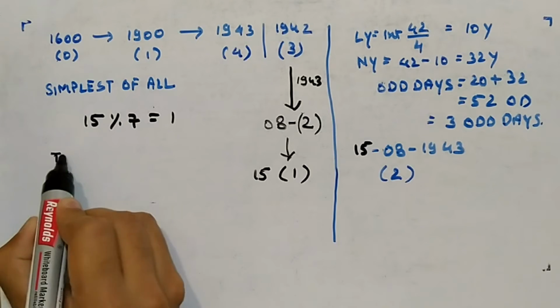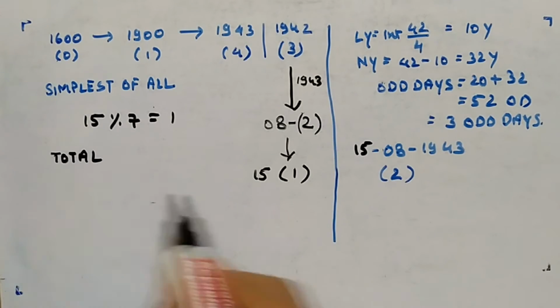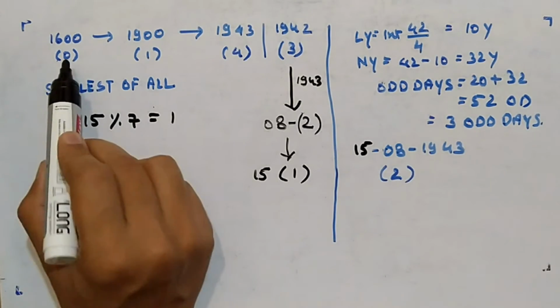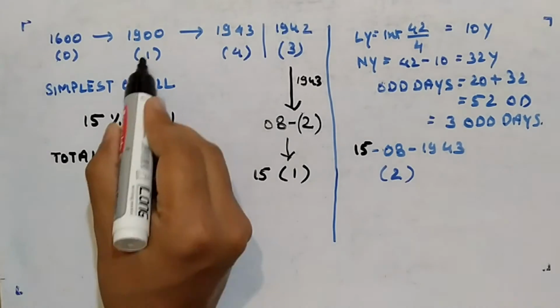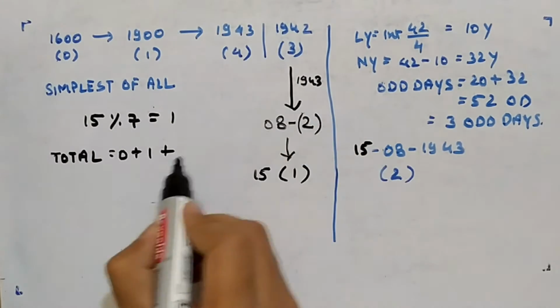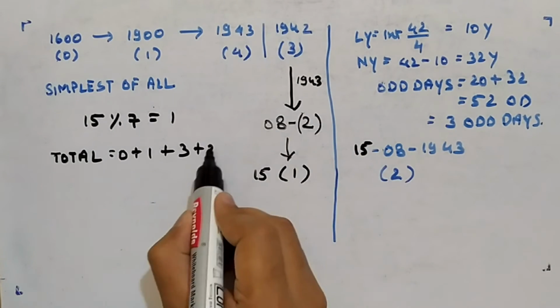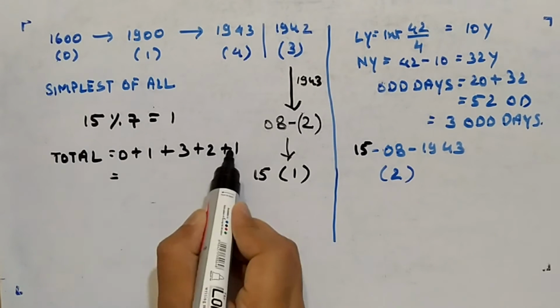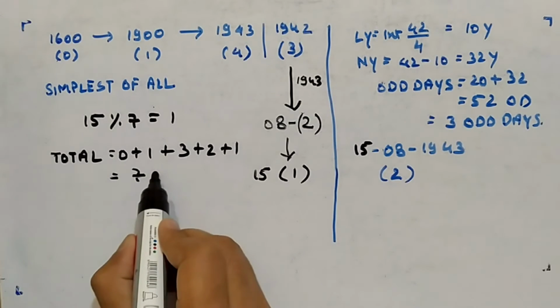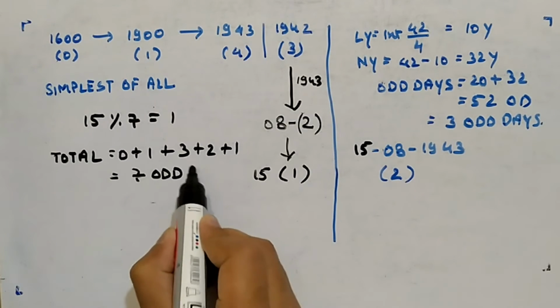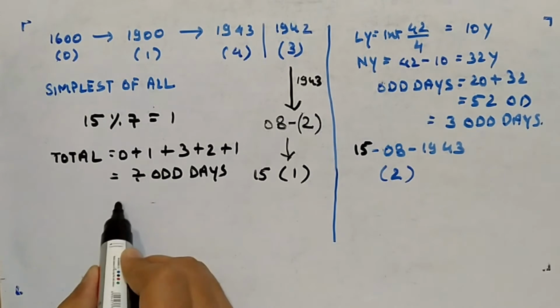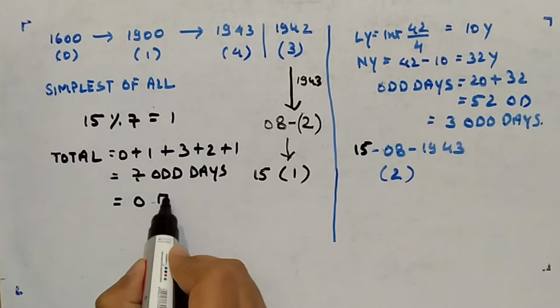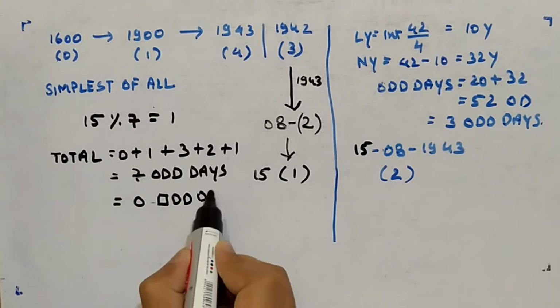So total, how many odd days do you have for this date? 0 plus 1 plus 3 plus 2 plus 1. So total is 3 plus 2 is 5, 6, 7. 7 odd days you are getting, and if you divide it by 7 you will get 0 odd days.